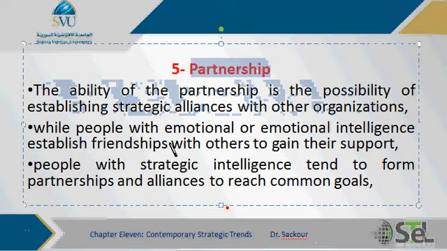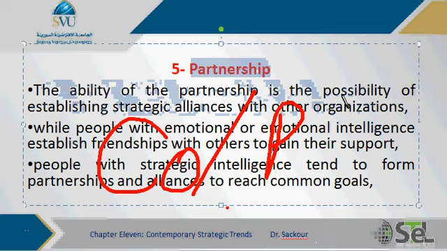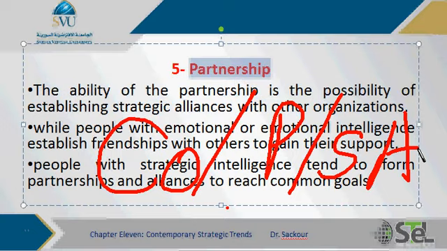Try to make a coalition and partnership and strategic alignment to achieve your targets and goals as an organization or as an individual. It is a very good situation to have a partner with you.